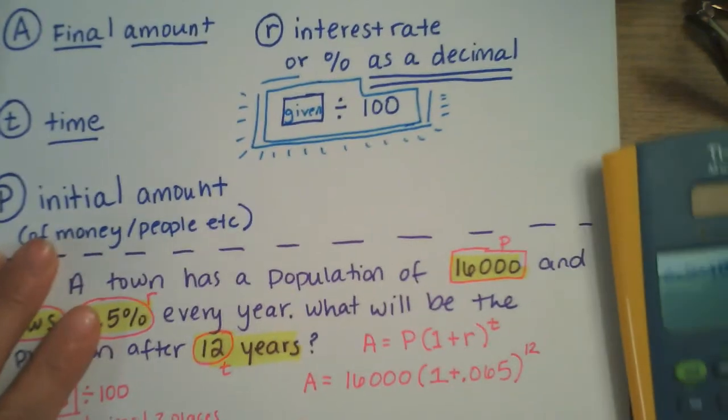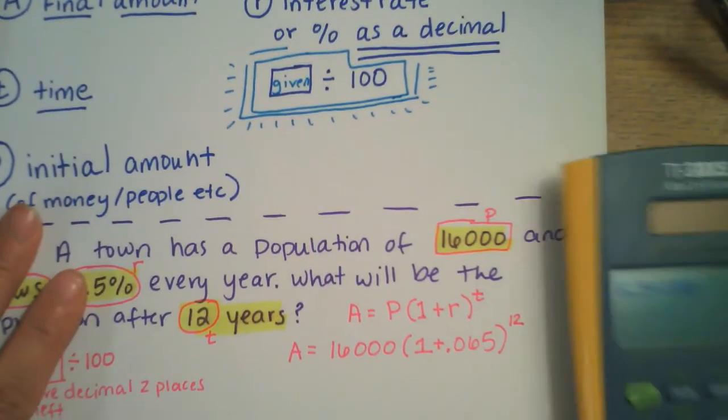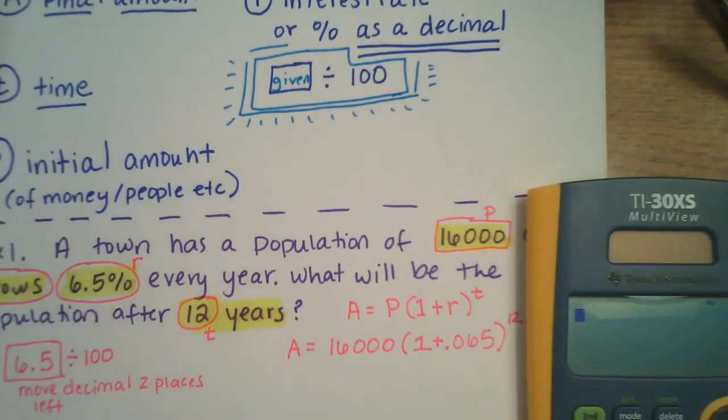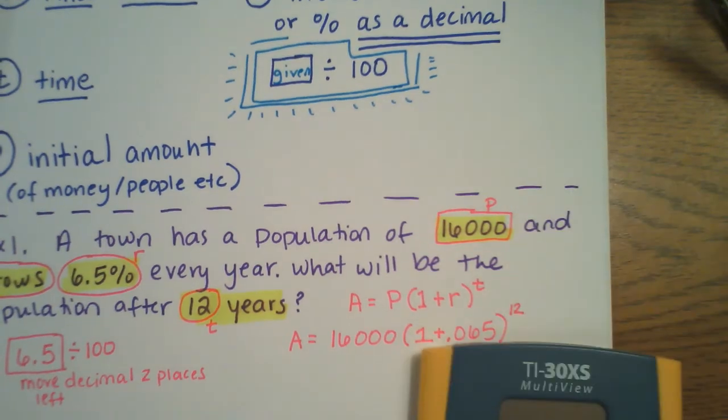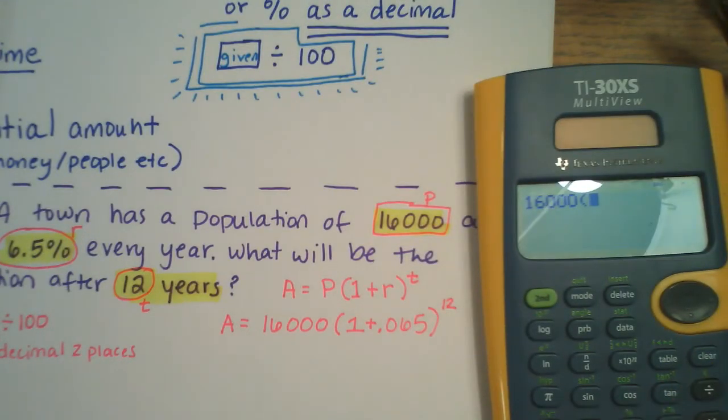If not, you could use the Desmos calculator, and we can look at that in just a minute. So we'll put 16,000 parentheses 1 plus 0.065 parentheses to the 12. So I'm just putting all of the information in there.